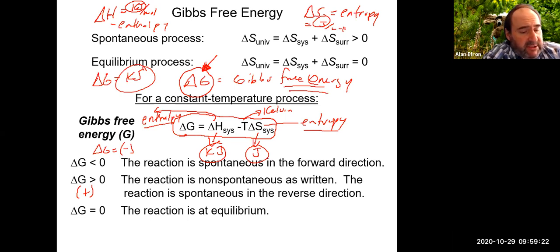So if we have a delta G where reactants going to products is positive, and we reverse that reaction, which means our products become our reactants, we will end up with a negative delta G for that reaction, basically because we reversed it, and it would be spontaneous in the opposite direction. And if delta G is equal to 0, that means that we do have a reaction that is at equilibrium at that point.